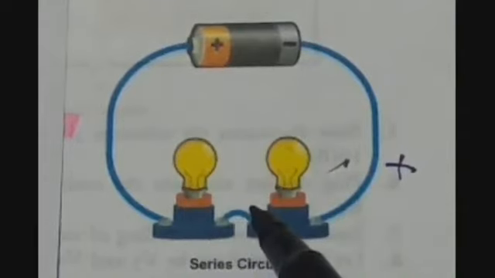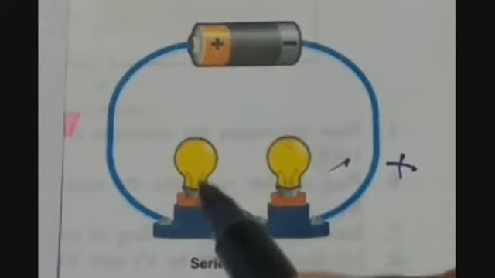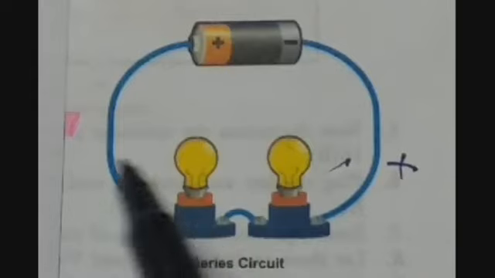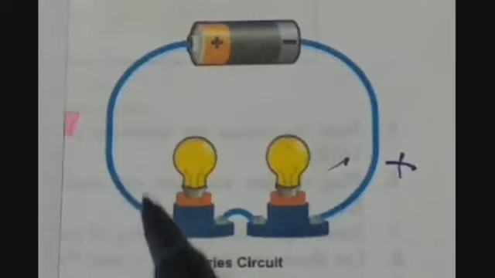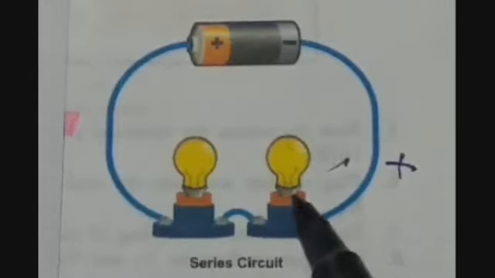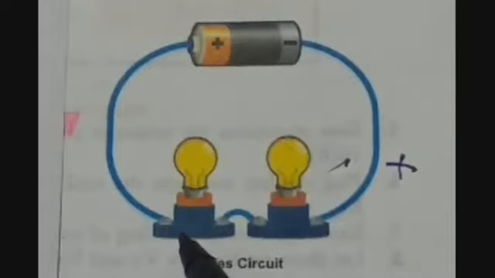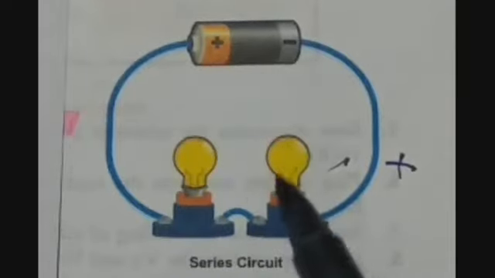So now this is not a closed circuit, because this fused bulb is breaking the connection between the current and the bulb, this bulb. In an open circuit no current flows, and because of the damage in this electrical circuit, this bulb will also not work.